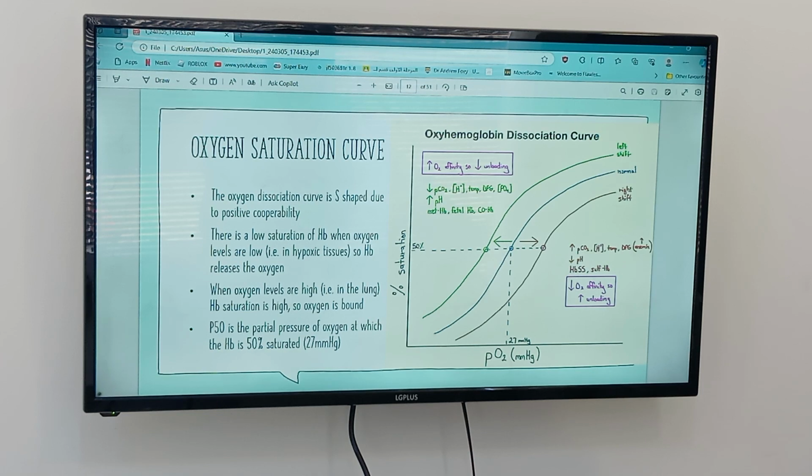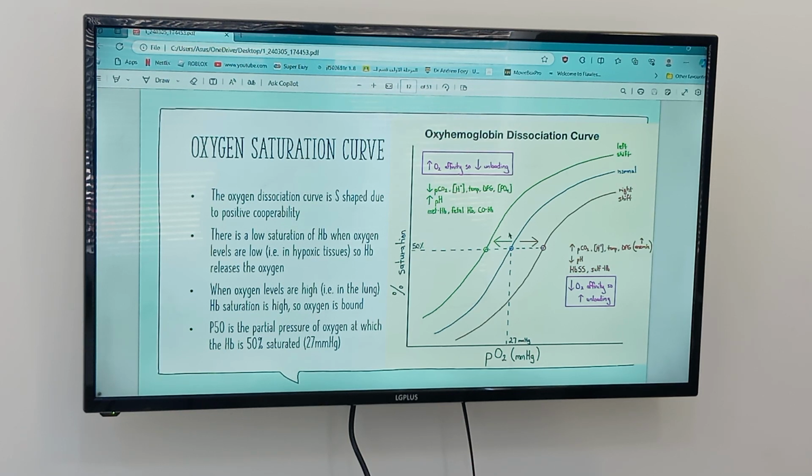Okay, now we can study the oxygen saturation curve. The oxygen dissociation curve is S-shaped due to positive cooperativity.